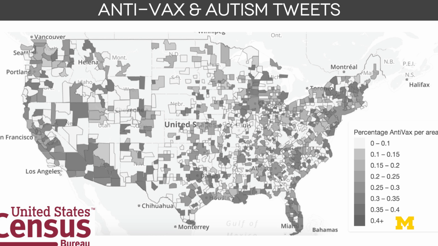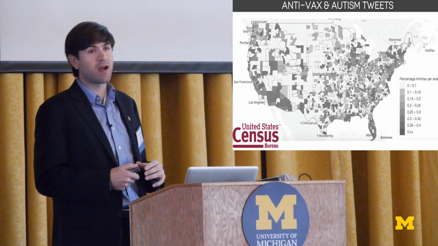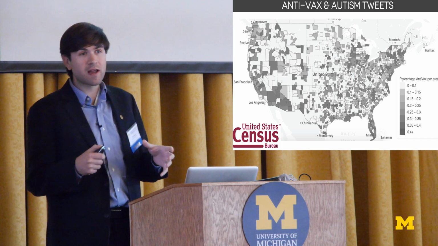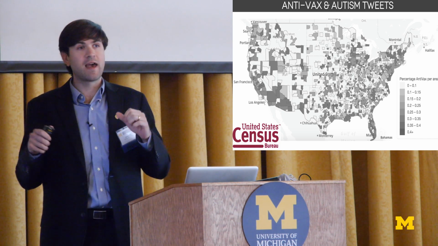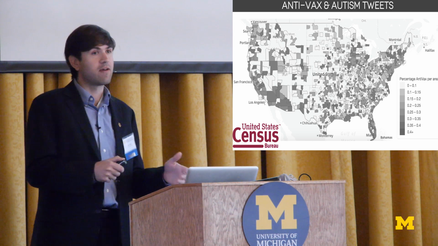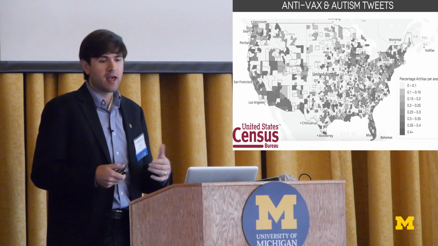The next part of the study, really the crux of it, was using census data to get these tweets geo-resolved to micro and metro areas across the country, to figure out where these people are tweeting from. That way we can leverage census data to look at those areas and see how they vary on demographics, to see if areas with certain demographic characteristics are more likely to have more messages than other areas. That was the next step of the study.